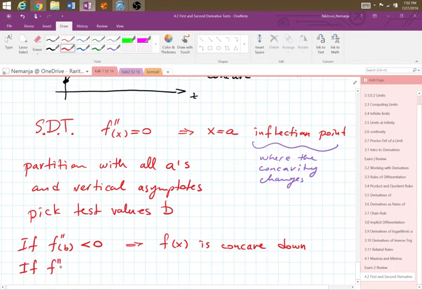And if the second derivative at b is larger than 0, then f of x is concave up. So hopefully you're seeing the same thing, except you're not using the first derivative, you're using the second derivative.